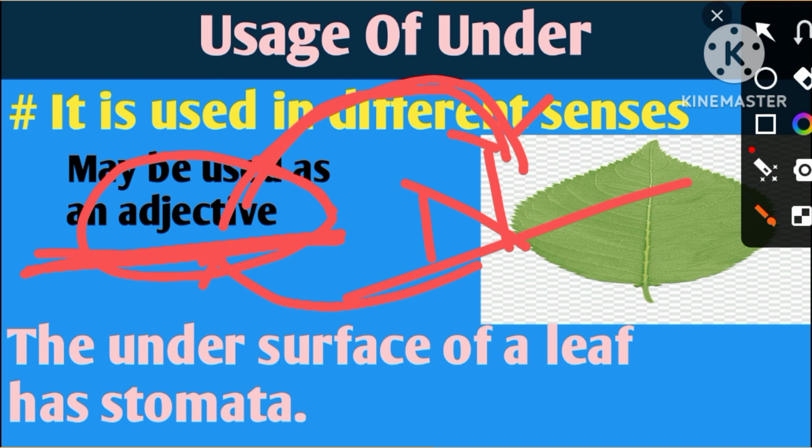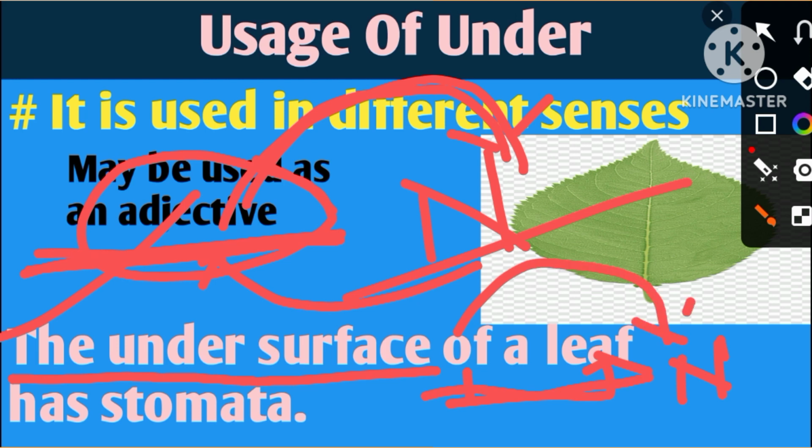Here you can look at this example. The under surface of a leaf has stomata. Friends, here this under surface, it is the subject, and of is the preposition, and the leaf, it is the noun, and you can say the object of this preposition of.